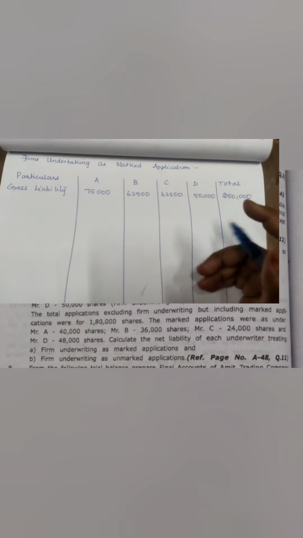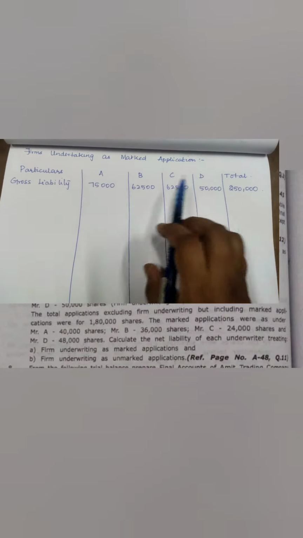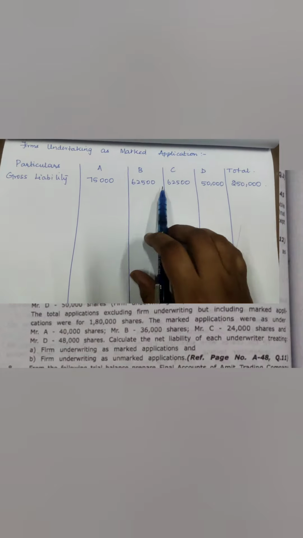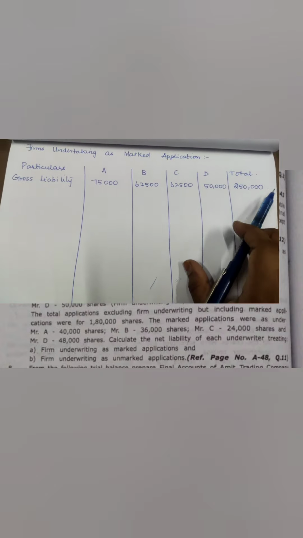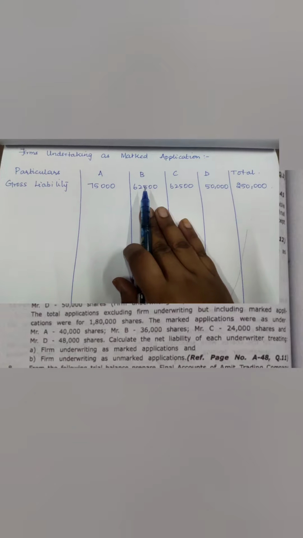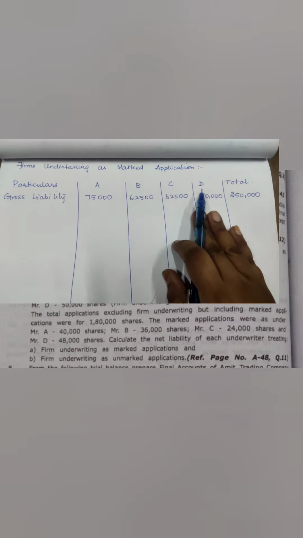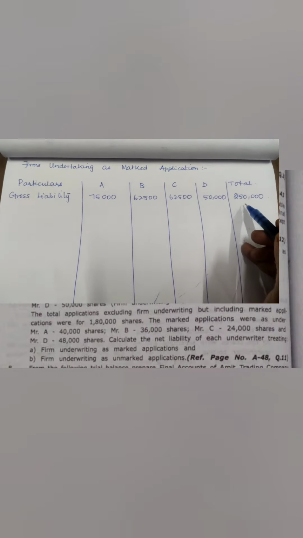So this is the real question. They thought that the 2,50,000 shares they can distribute to A, B, C, D, which is 75,000 A, 62,500 B, 62,500 for C and D 50,000. The total is 2,50,000.